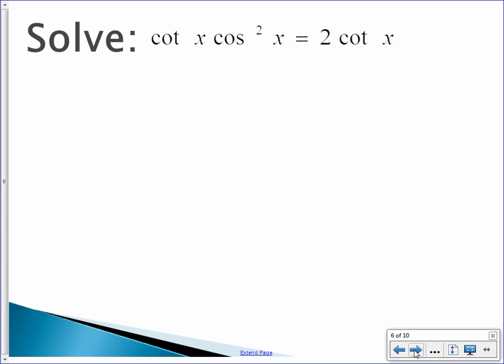Are we allowed to divide by 0? We are not. We cannot divide by a function. So if you ever feel the want to divide by a function, don't. Stop yourself. Instead, you need to subtract it to the other side.